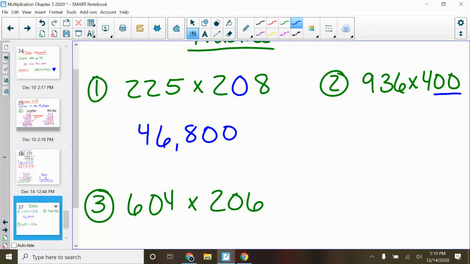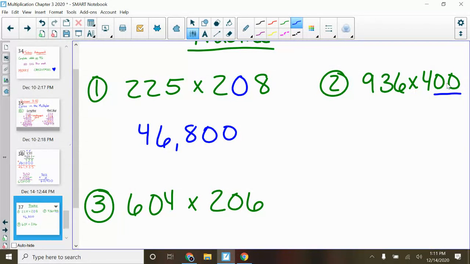Let's try another one. So let's look at problem number 2. For problem number 2, we were experimenting with what 936 times 400 was going to be. So hopefully for that one, you took that shortcut and you either added those 2 zeros at the start and then just multiplied the 4 by everything, or maybe you did 936 times 4 and then added those zeros to the answer at the end.